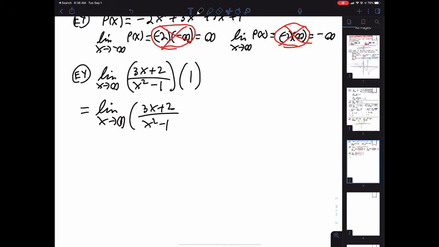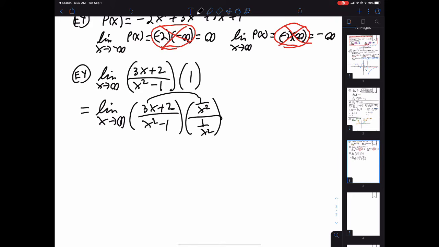It's special because our 1 is going to be x to the power of the denominator. The power of the denominator, or the degree of the denominator, is 2. So we want to divide the top and bottom by x squared, because the degree of the denominator is 2.